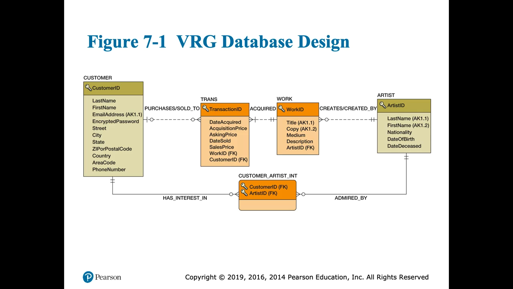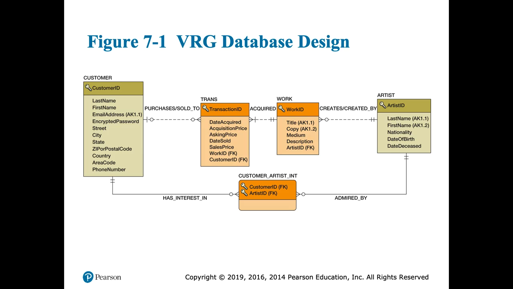So the business situation here is that if I have a table keeping track of all the customers I have, as an owner of an art gallery, I might want to know the taste of a particular customer, so I can tailor or create customized promotion to that particular customer.